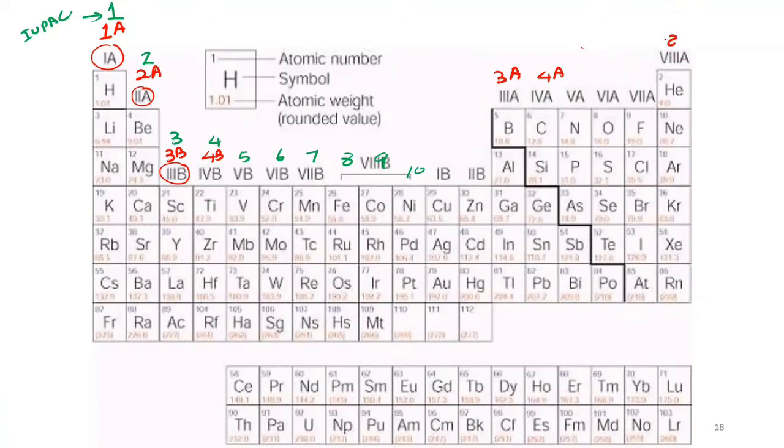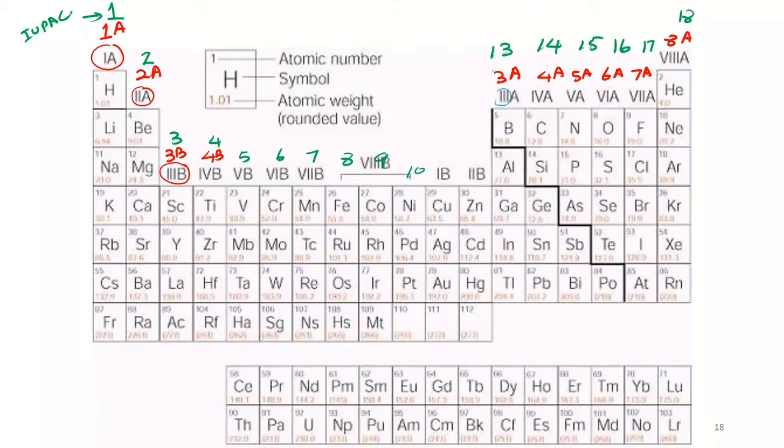In some places, it is written as 8A. This is 7A, 6A, 5A. And in the IUPAC naming system, I wrote this one appearing as 13, 14, 15, 16, 17, and this one as 18. Do you see certain things kind of matching up?